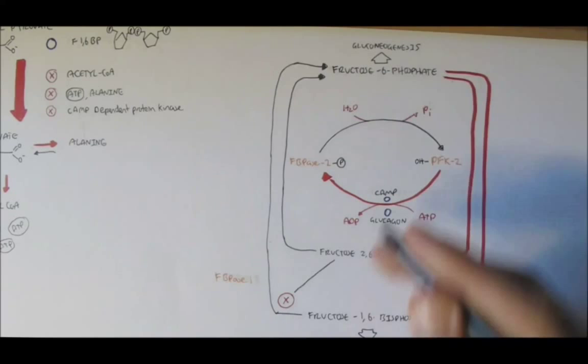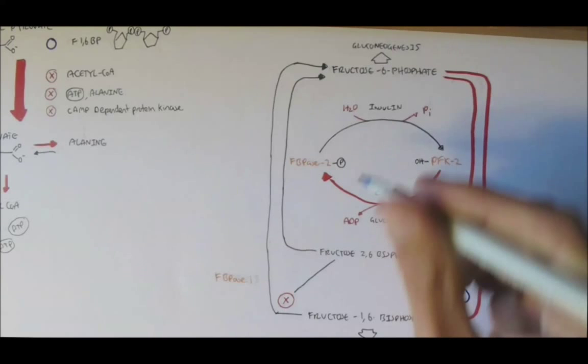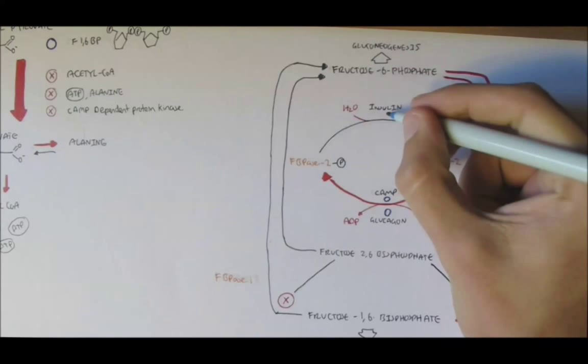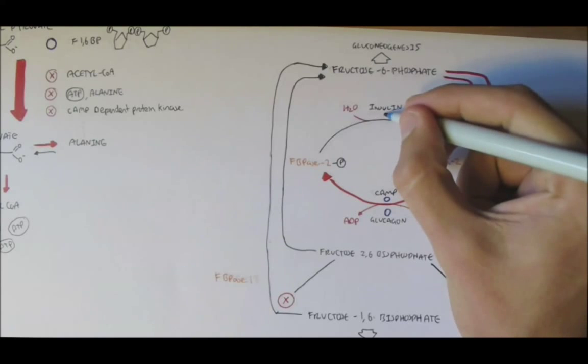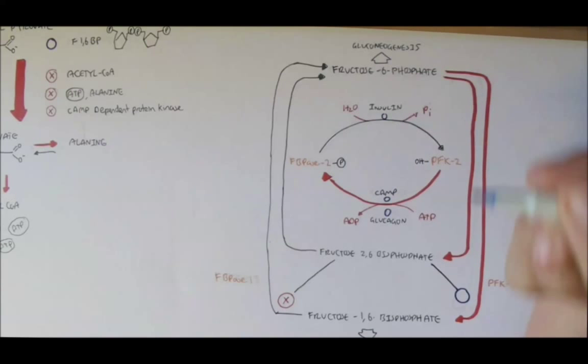However, of course, if fructose 2,6-bisphosphate levels are too low, phosphofructokinase 2 will be dephosphorylated by hydrolyzing it and removing the inorganic phosphate, and this will cause it to return to phosphofructokinase 2. And now insulin promotes this reaction.